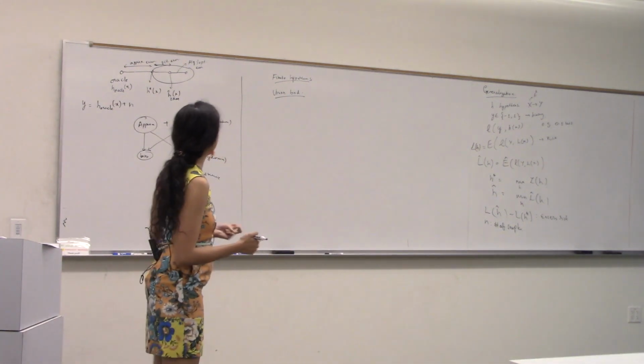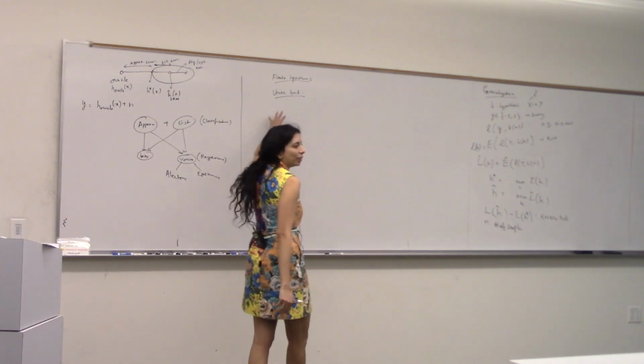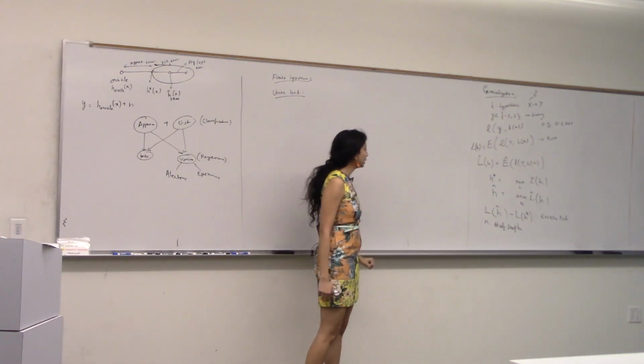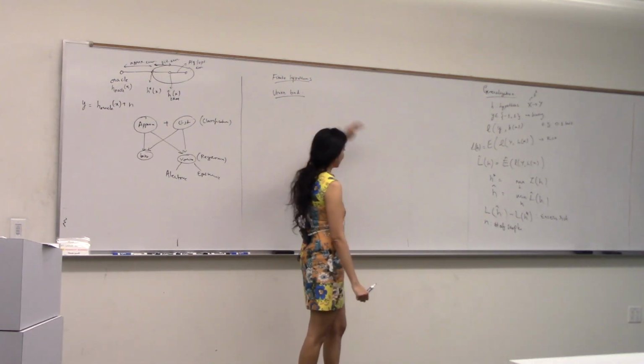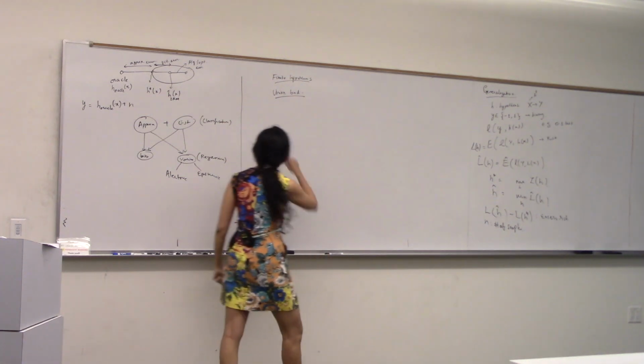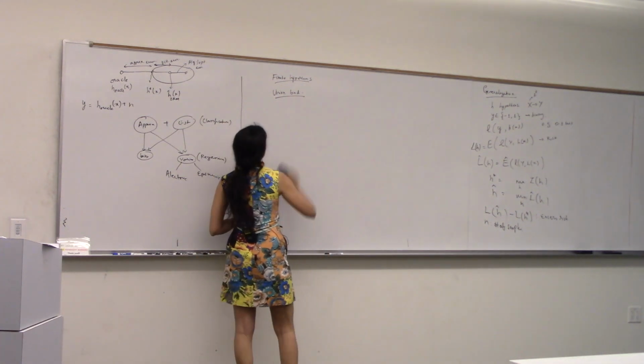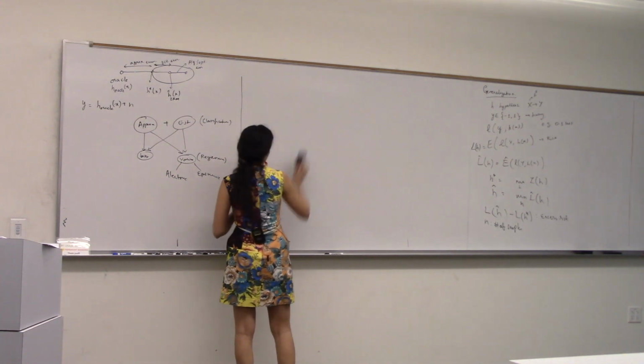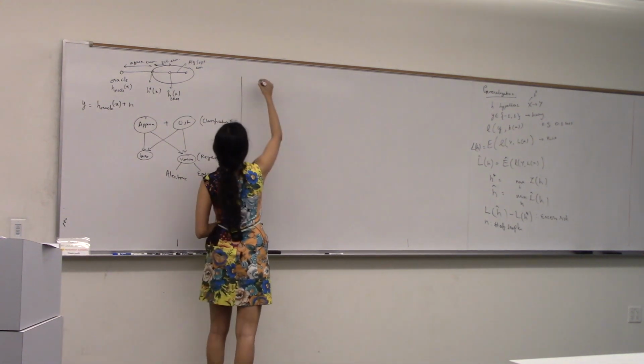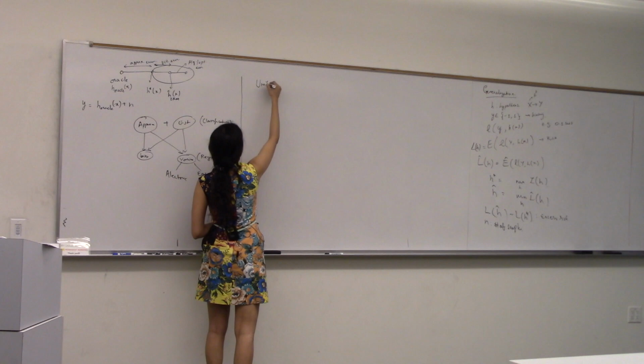And then all I need to do is a union bound over all the hypotheses, right? But before I get to that, I guess one point I forgot to mention, before I get to the finite class, is the notion of uniform convergence.